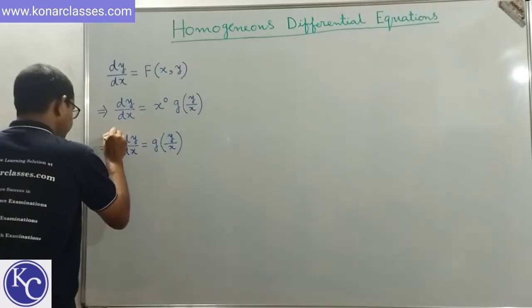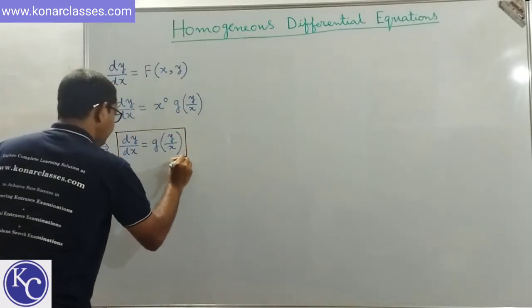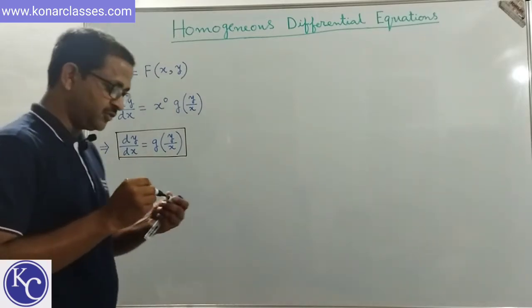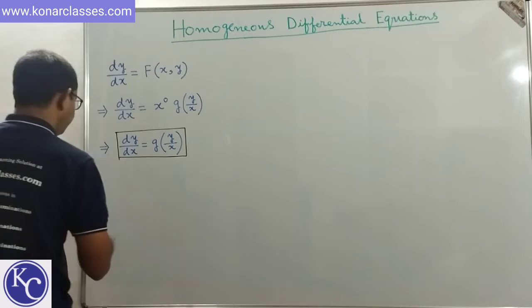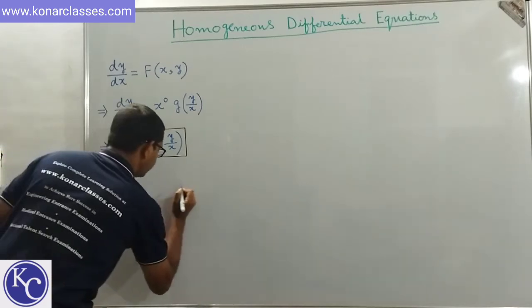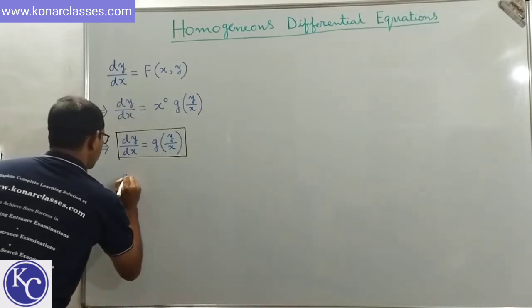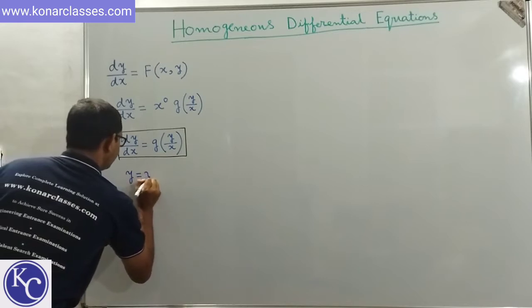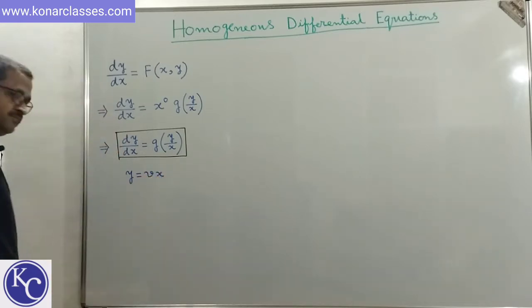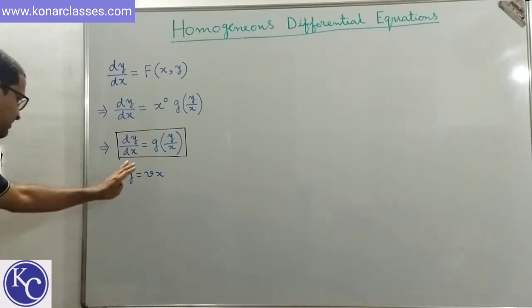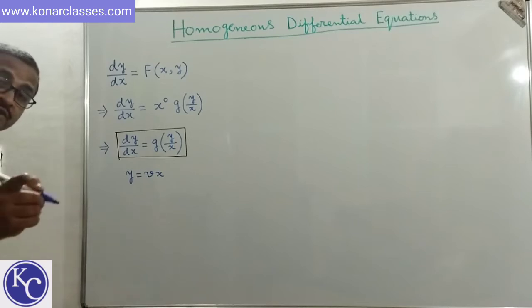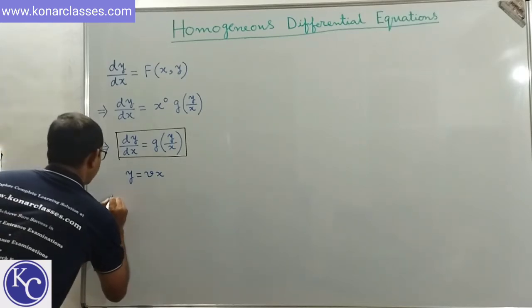Okay, this is the differential equation. After that, what are the steps to be followed to solve homogeneous differential equation? Step 1 is that we should write y is equal to v times x. This is the substitution we are making. The moment we write y equal to vx, let us differentiate both sides with respect to x. Then what we are going to get?